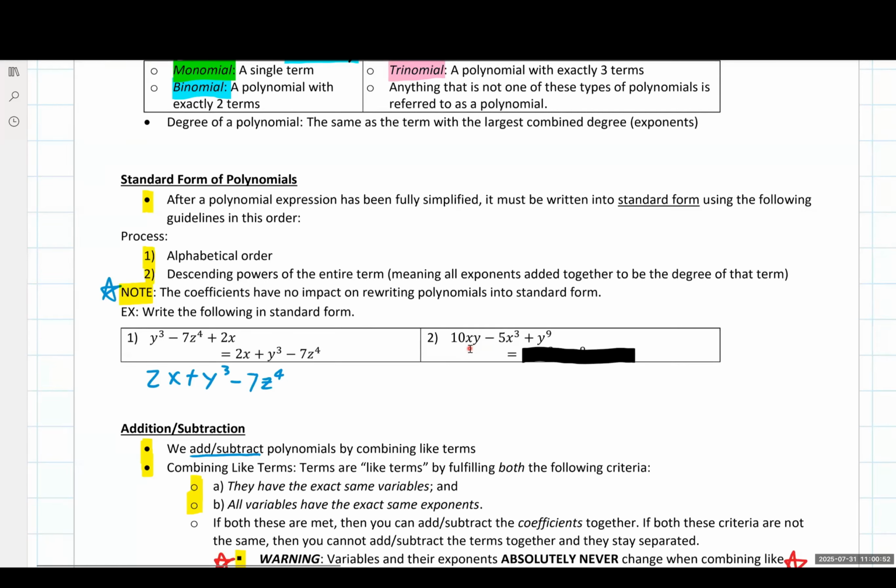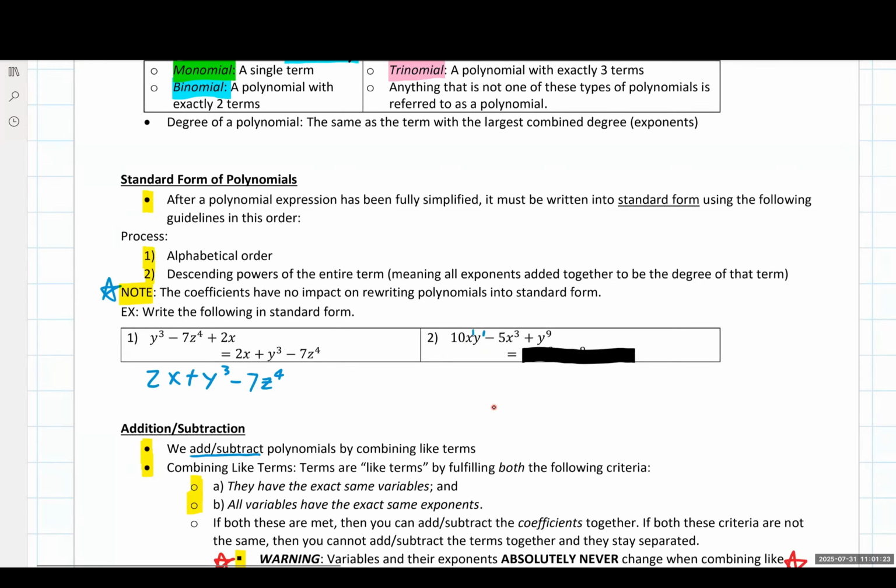As you remember, if I don't have anything explicitly written in there, I'm going to have to write in some ones. So I have x to the first, y to the first power. What's the combined degree of this term? The combined degree is going to be 2, because I have 1 plus 1.